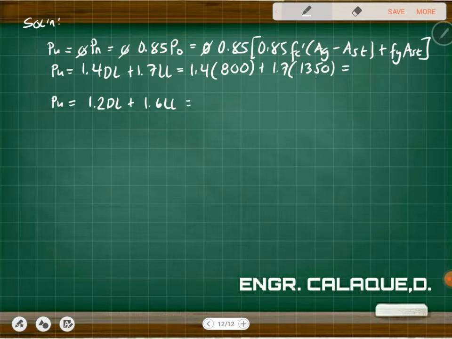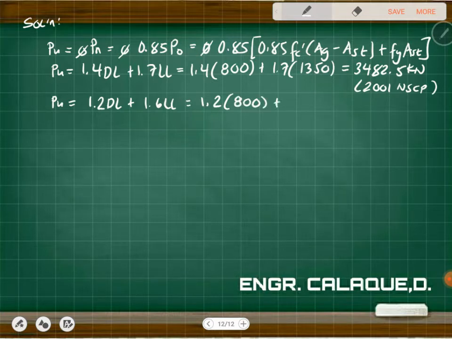So, yung sagot is 3482.5 kilonewton. So, this is based on 2001 NSCP code. And dito naman, we have 1.2 times 800 plus 1.6 nung 1350. Wait lang. May mali.